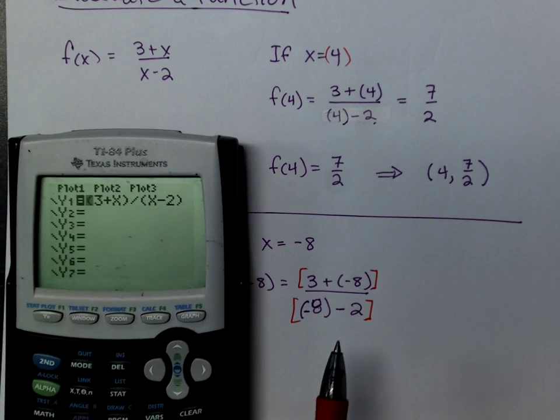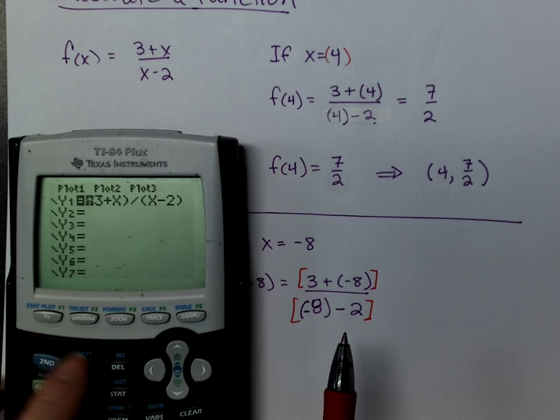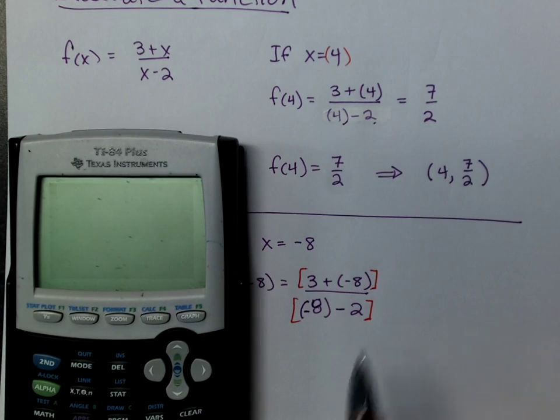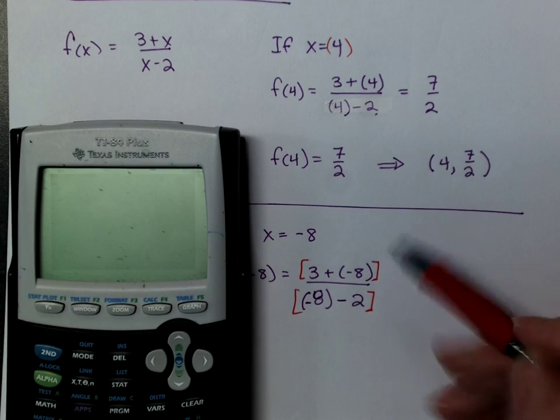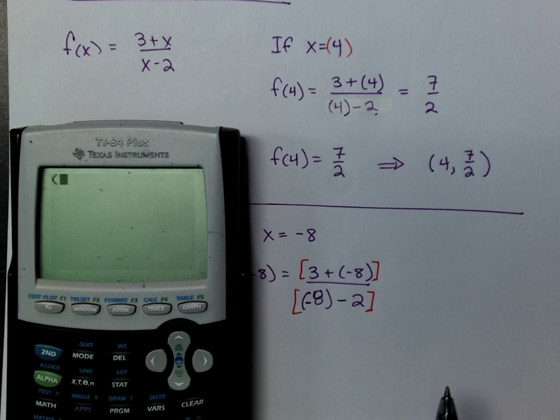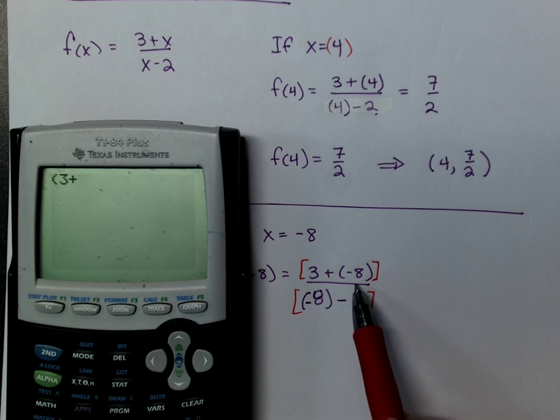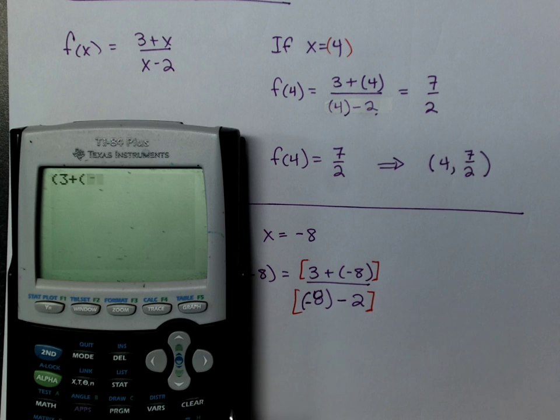So to enter that into the calculator, we would do, just like we see it there, open the parenthesis for the numerator, put in 3 plus, and then I'm plugging in -8 for x, so it would be parenthesis -8, close the parenthesis, and then close the numerator parenthesis. So 3 plus -8 inside numerator parentheses.